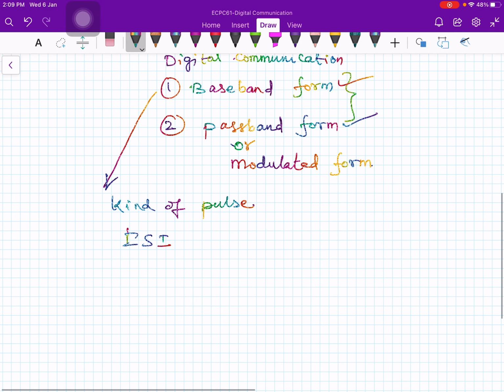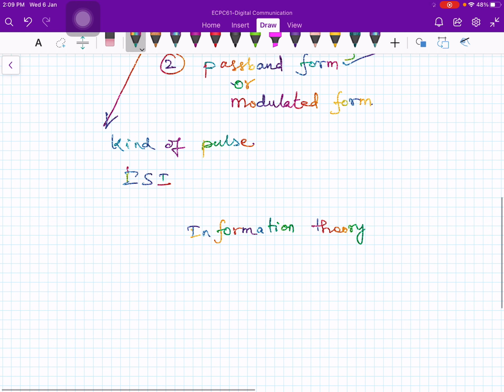Then we will go into the passband form or modulated form. In that, various digital modulation concepts will come and we will discuss all of them. Then we will talk about information theory a little bit. We will spend some time on information theory, and then some time on error control codes.